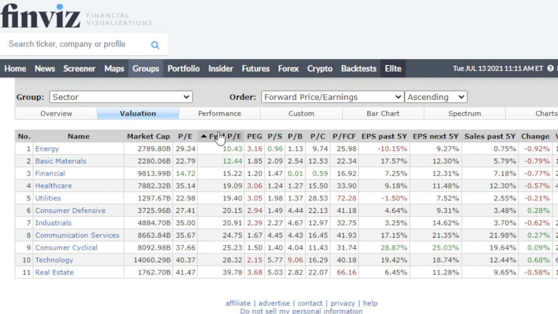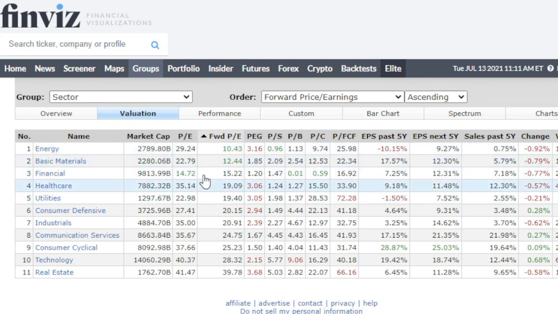If we go by forward PE, the smallest forward PE, the big thing you want to see, in my opinion, is not only obviously a low number like energy here at 10.43, but you want to see the gap between trailing PE and forward PE getting wider in a positive sense. So you want to see a declining trend between trailing and forward.